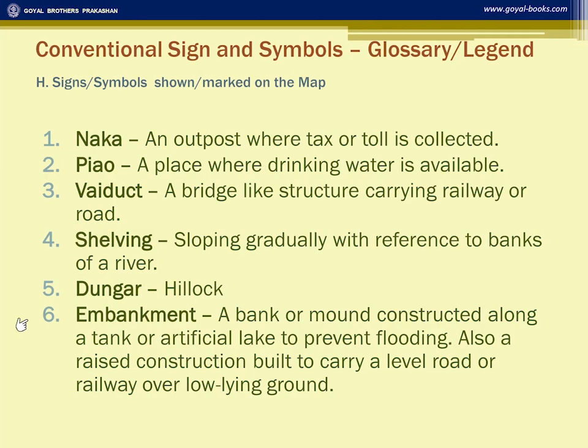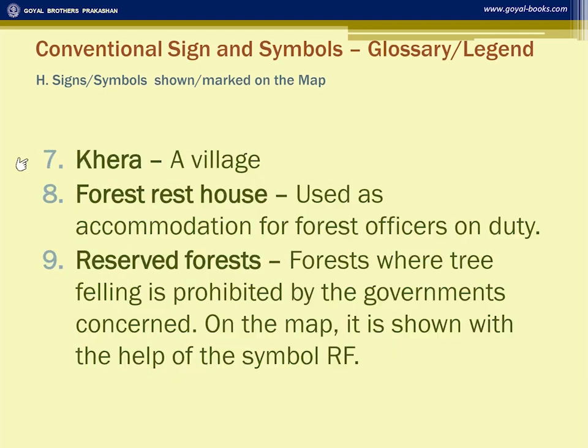Now embankments we have already discussed. Embankment means a bank or mound constructed along a tank or artificial lake to prevent flooding. It is also a raised construction built to carry a level road or railway over low-lying ground. Khera is a village in the local language, but it is given there as Khera.